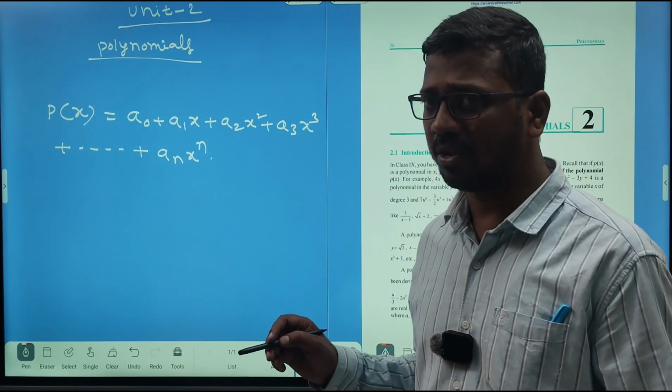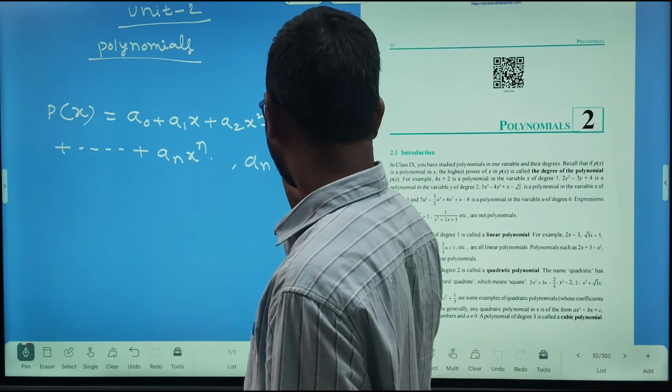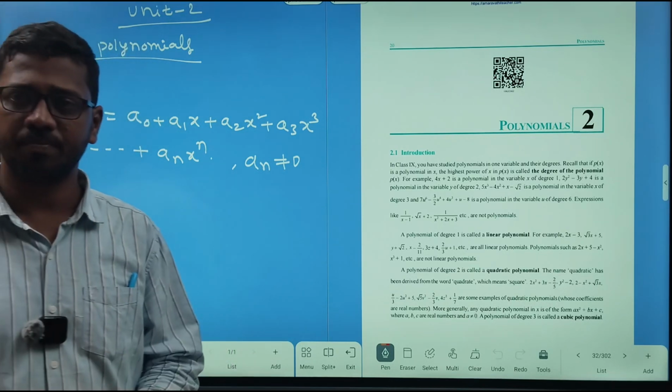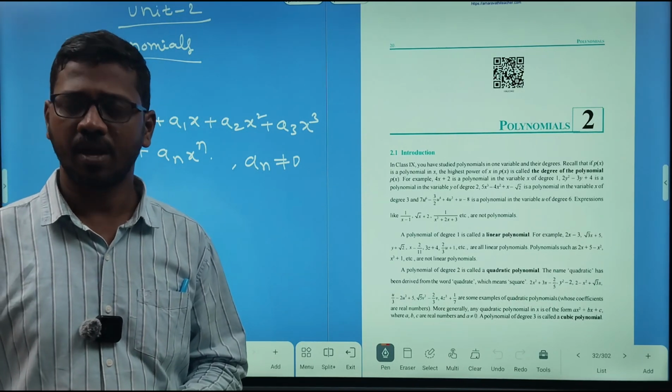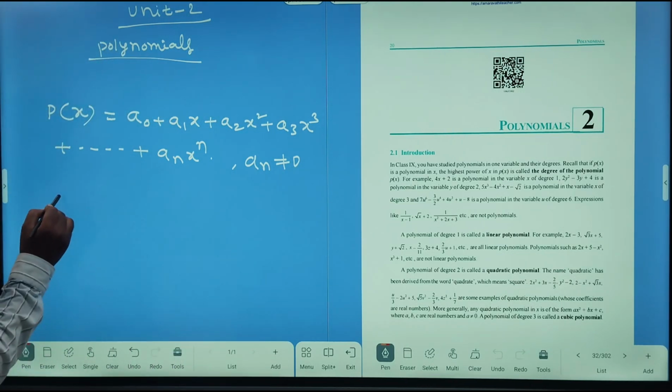When we call this nth degree polynomial, it means an should not be equal to 0. Actually, the highest power involved is called nth degree. I mean the degree of the polynomial. What is the degree of the polynomial?